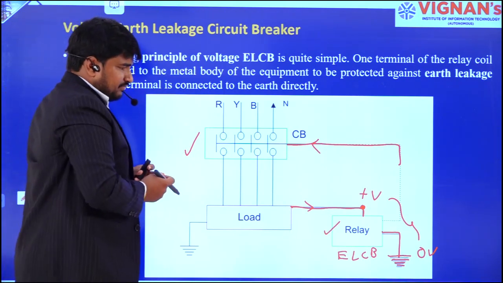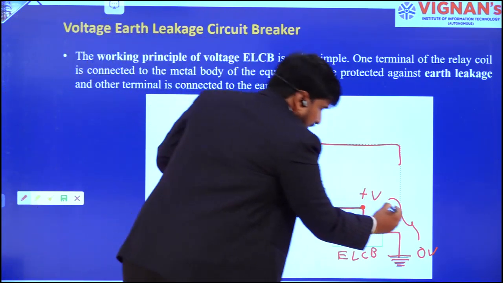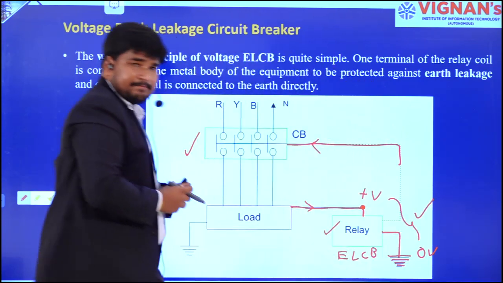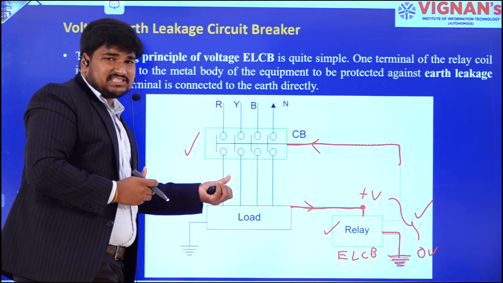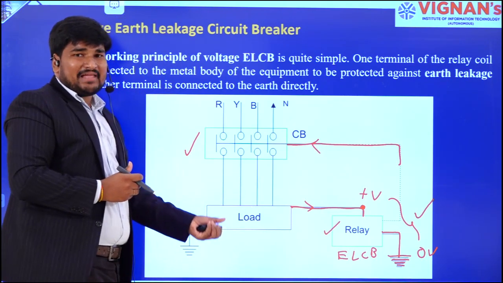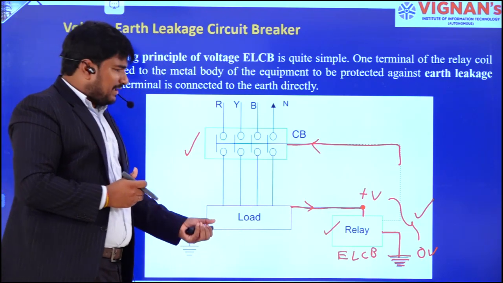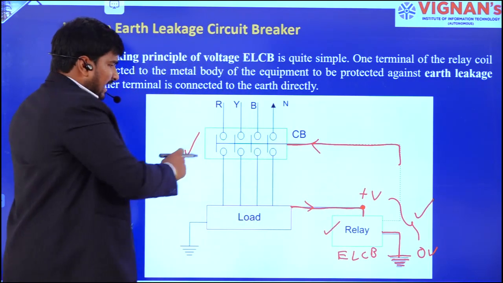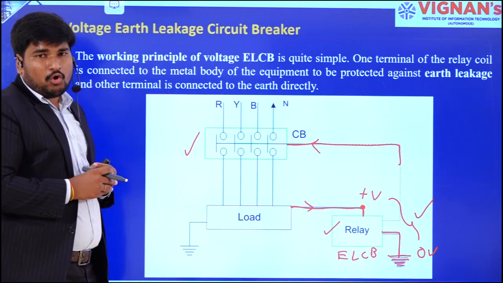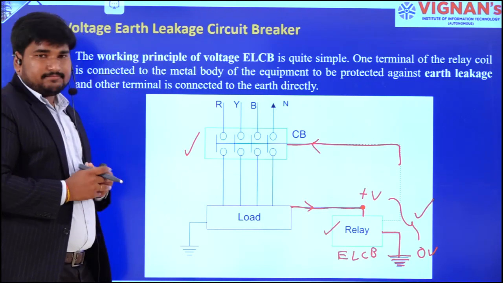That is, because of this voltage difference that occurs due to a live wire touching the body of any electrical equipment, the circuit breaker will operate and there will be an open circuit of the load.